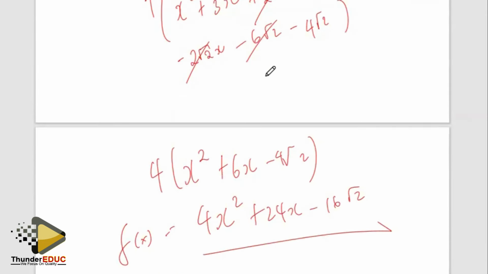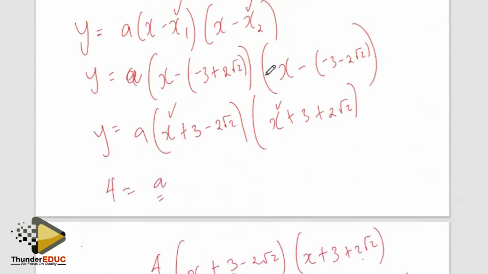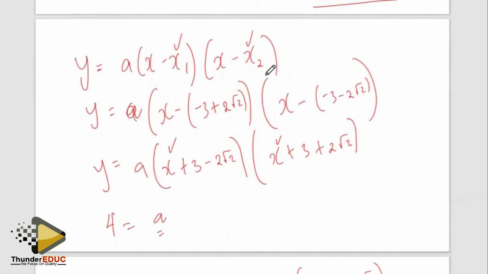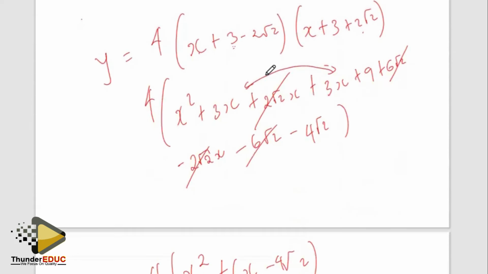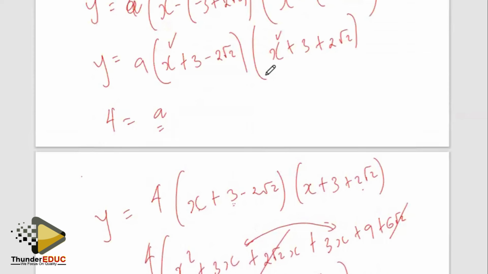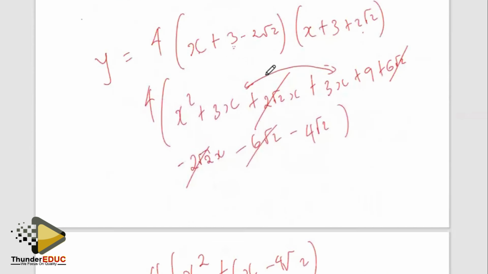But does it make sense? If x is 0, and then y is a 4, does it make sense? No, it doesn't make sense. It doesn't make sense because this is a root 2 and the root 2. So this and that is a 2. It's a 4 times 2.